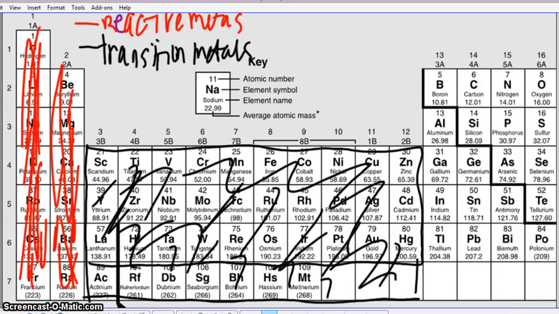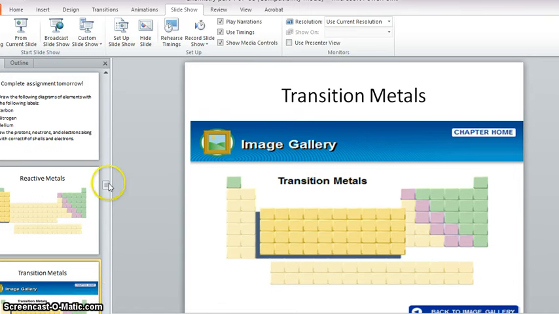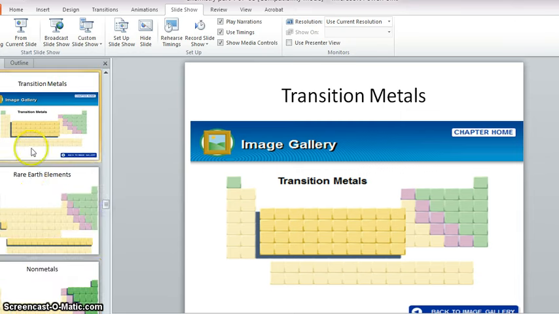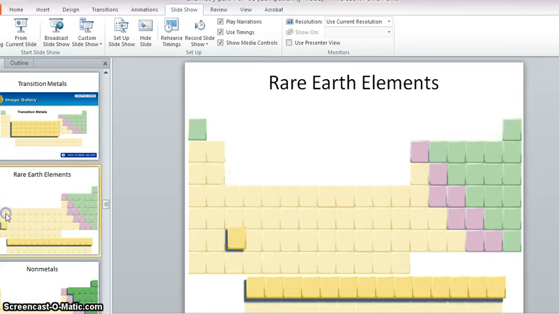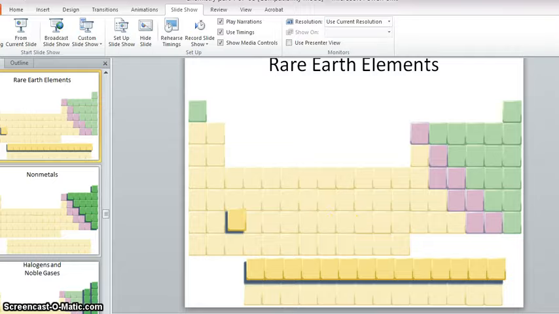Yay! All right, the next one we're going to color, after the transition metals, is the rare earth metals. What we're going to do here is color the third element in the first group of the transition metals, and then also down here at the bottom we're going to be coloring the top row. So make sure before you start that you get a different color.